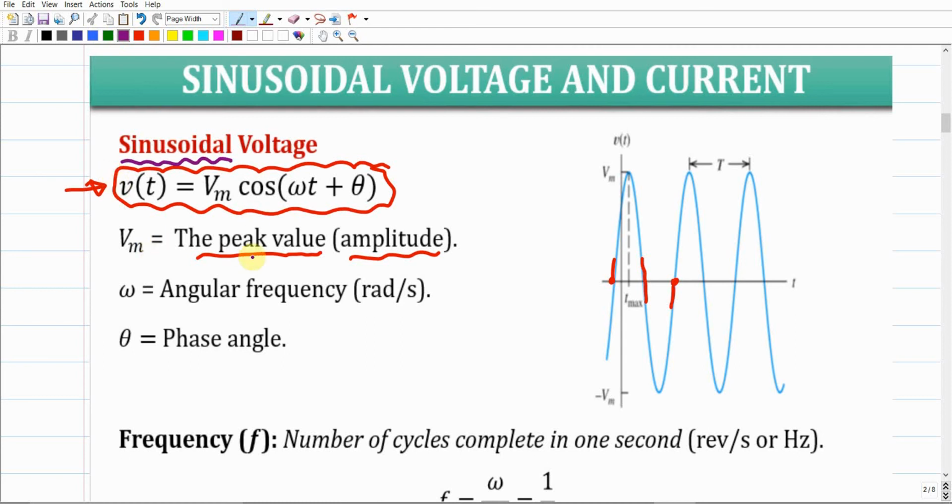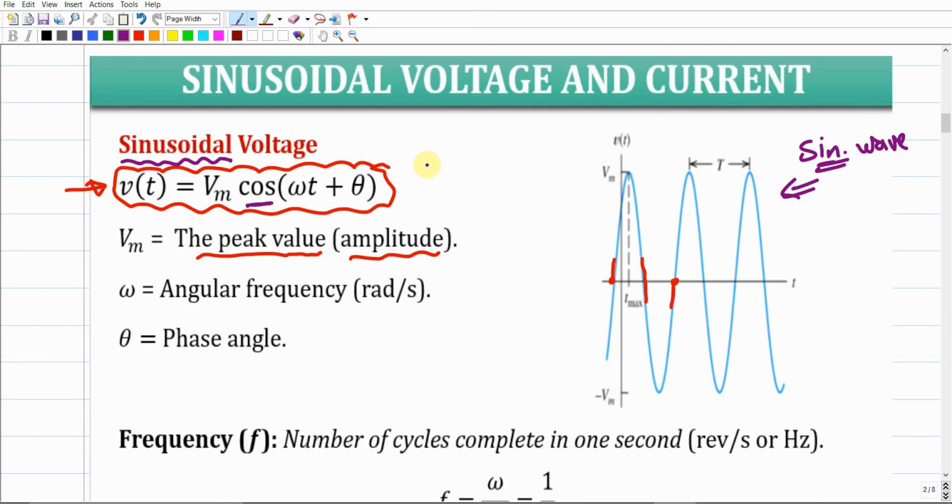No. The sinusoidal wave could be cosine or sine. So this is like a harmonic function, having this wavy shape. So we are talking about this type of wave. This wave is a sinusoidal wave. This doesn't mean that it is with a sine function. No, it could be described as a sine function or even a cosine function.